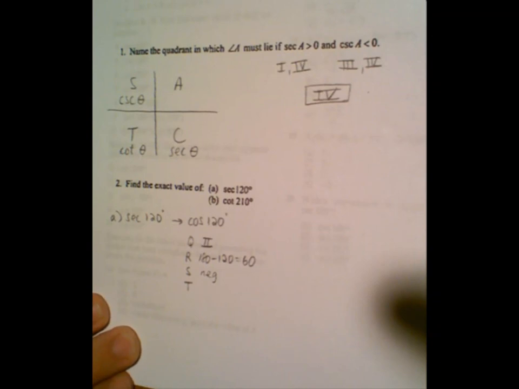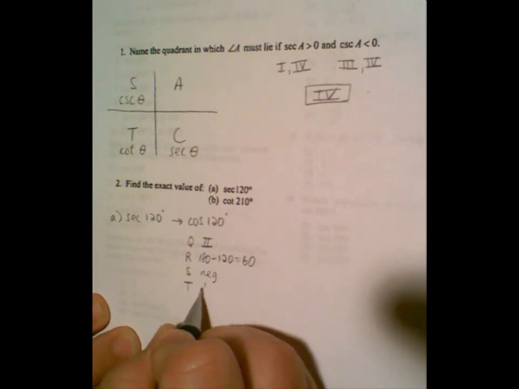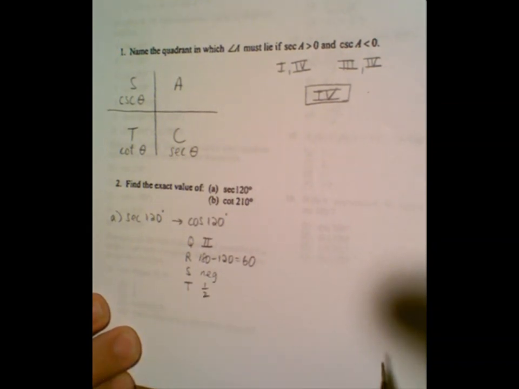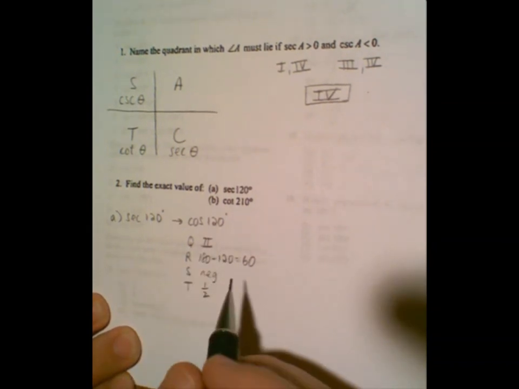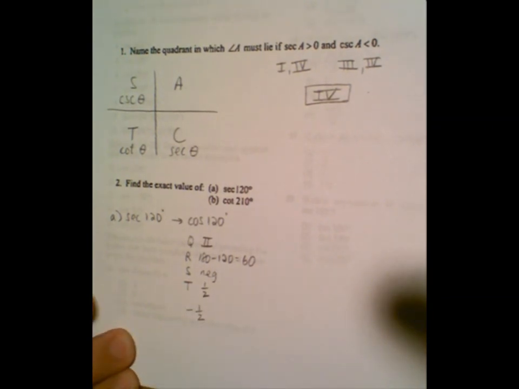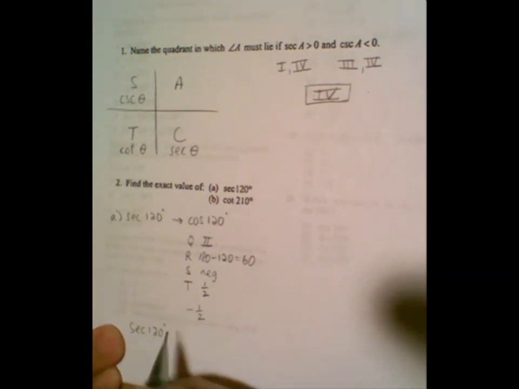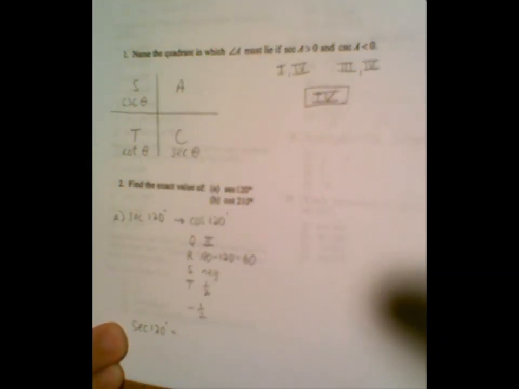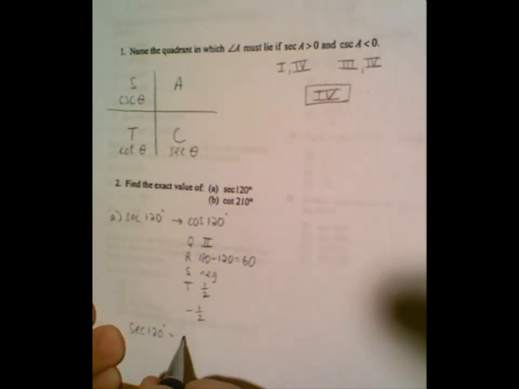Anyway, the cosine of 60 is a half. So the cosine of 120 is actually negative 1/2. So the secant of 120 degrees is the reciprocal of negative 1/2, which is negative 2 over 1, which is negative 2.